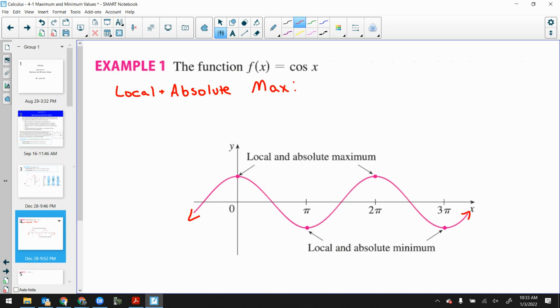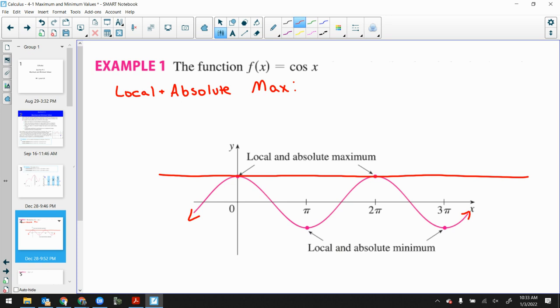Now, how do I know that it's going to be absolute? Well, is cosine ever going to change on the left and right side of this? No, it's just going to keep cycling through over and over again, right? If I draw a horizontal line here, it's never going to get higher than those points, right? So we can say the local and absolute maximum values are always all going to exist at those places.